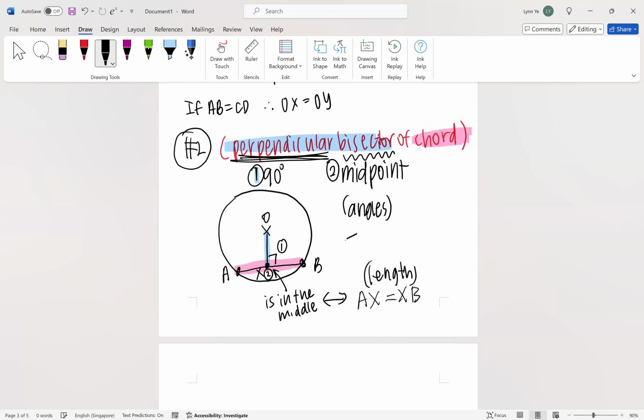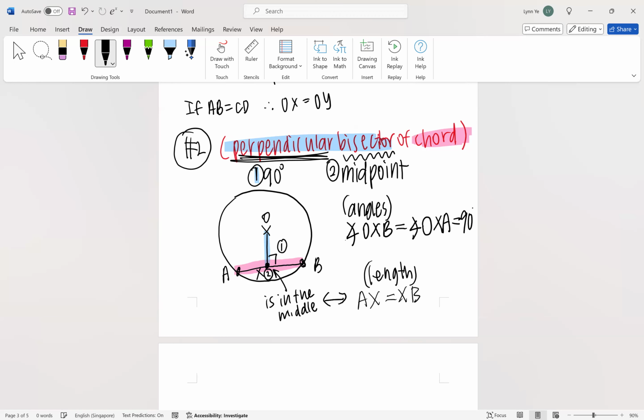Angle OXB equal to angle what? OXA. Cannot stop there. Continue.